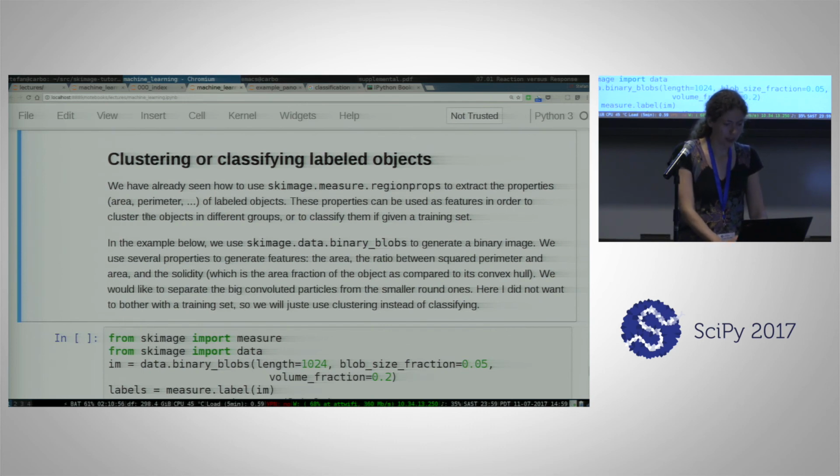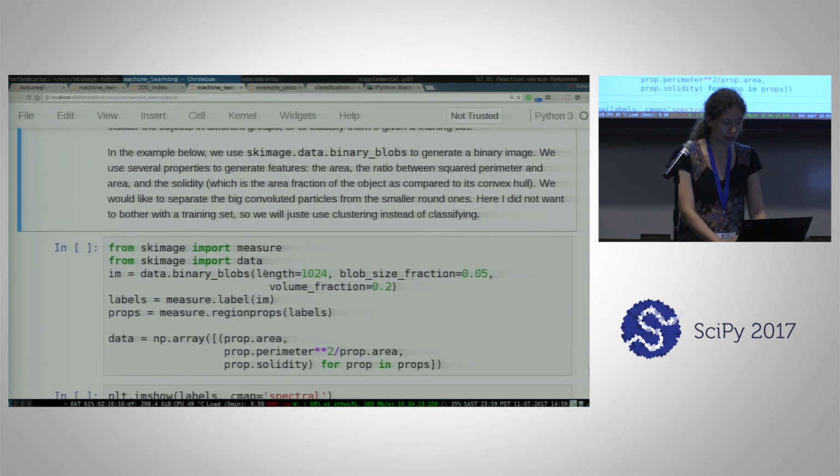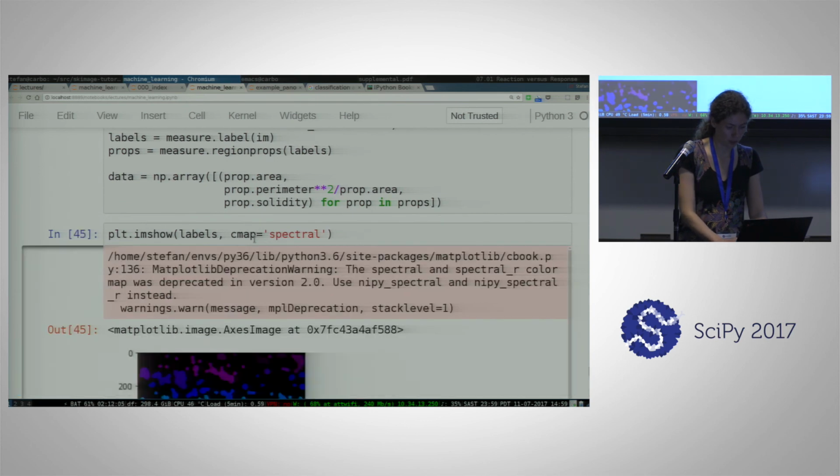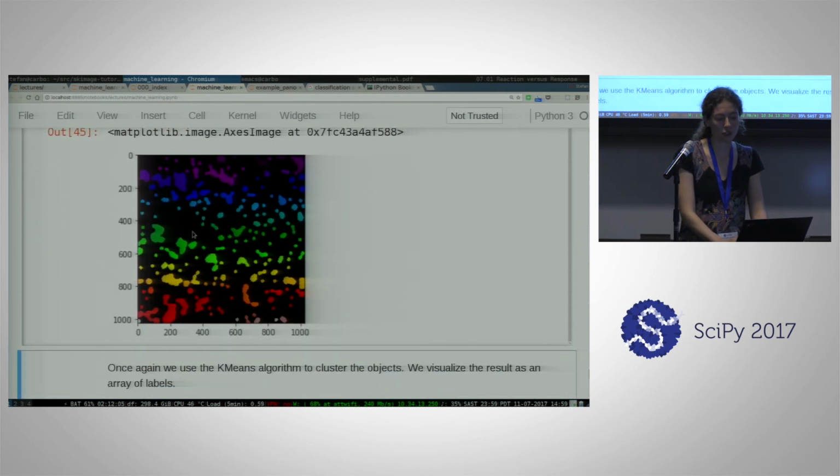So we have seen that once you have an image of labels, so I should plot it here. Say we have an image of labels here, and we will want to classify these particles into two groups. Say we have the compact ones and we have the elongated convoluted ones.